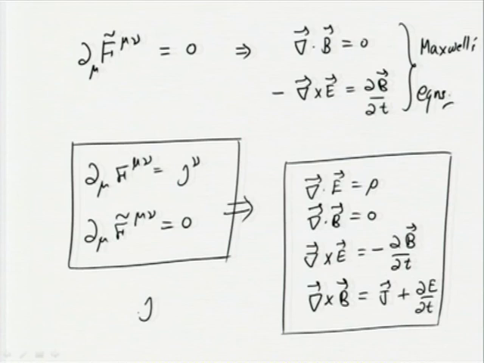Going on, just one thing to notice here: j nu is a vector with first component, the 0th component, equal to rho, the charge density, and the 1, 2, 3 components equal to the current density. Alright. So, let us come to expressing the field now in terms of the potential. We know we can write the electric field as minus the gradient of the scalar potential and minus the time derivative of the vector potential.